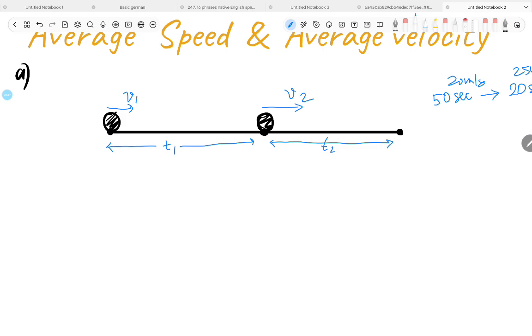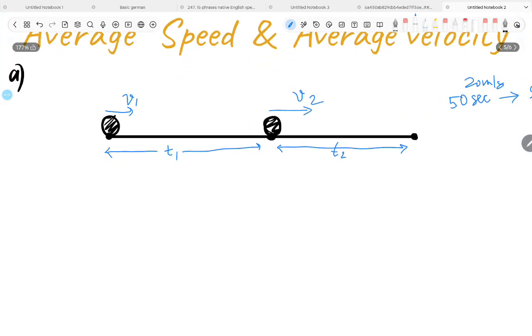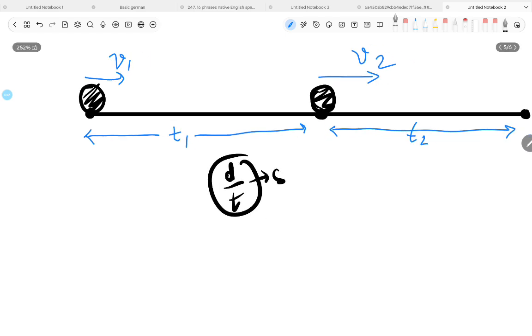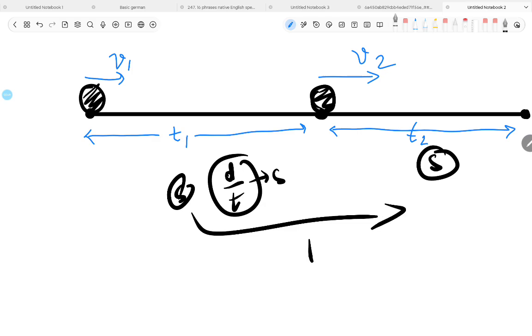Now let's move on to finding out what is going to be its average speed. Do not run to that concept where you find distance divided by time to get speed for each case, and then just add them and take the mean of them.